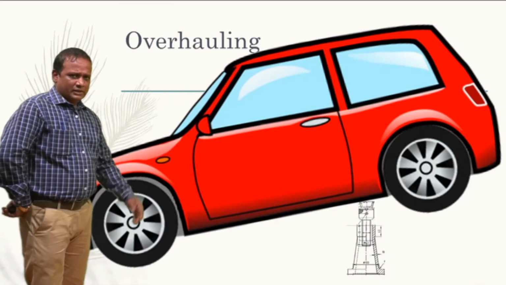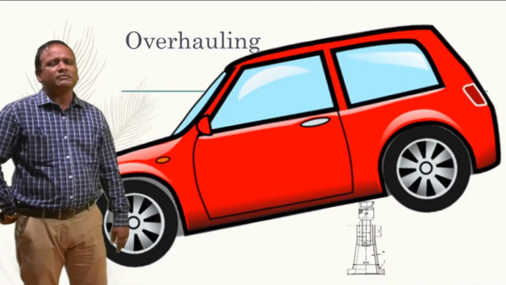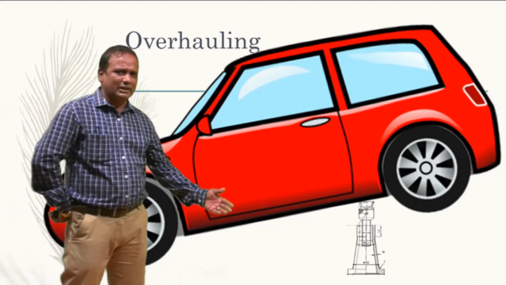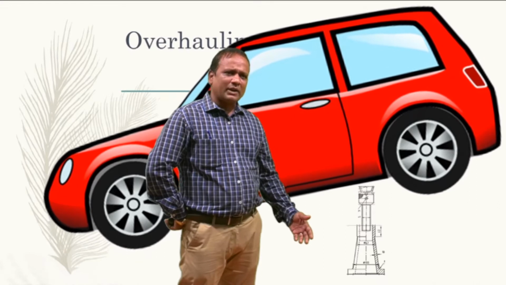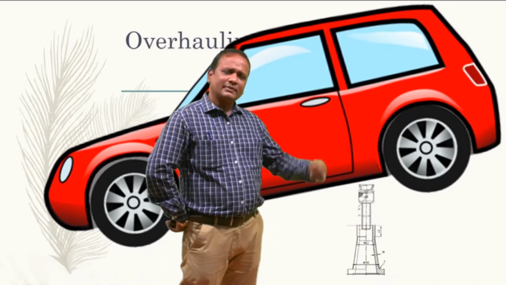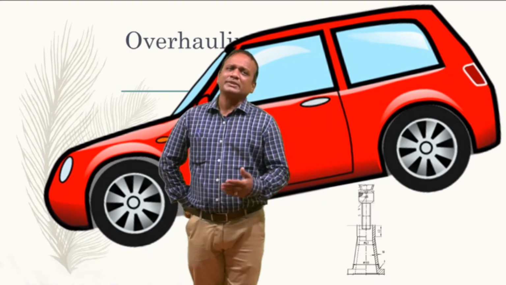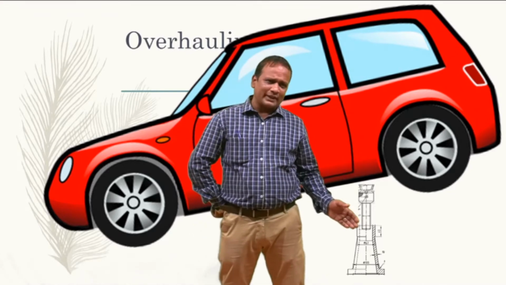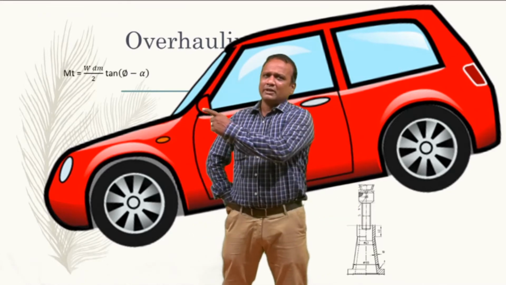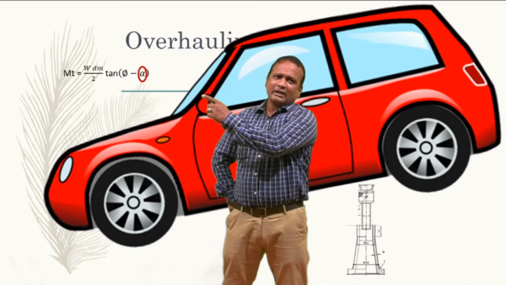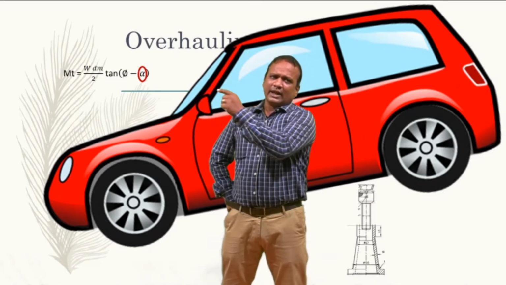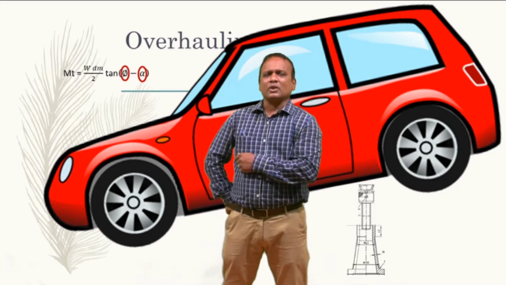Now coming to the first concept, what is overhauling? Say I have a screw jack with a car over it, and when I apply torque, my car moves up. To explain overhauling, I will consider again the same torque equation, where alpha is the helix angle and phi is the coefficient of friction.